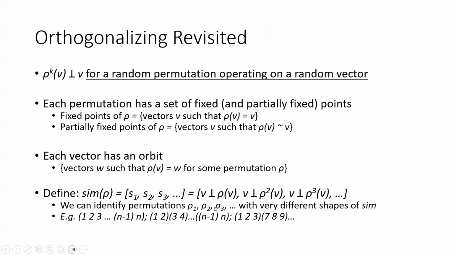In particular, you can choose permutations that have very different shapes of this similarity array. If you choose your permutation to be the identity permutation, these will all be 1s. If you choose your permutation to be a completely random permutation, an n cycle, then unless you're very unlucky in the vector you choose, these will all be approximately 0.5.